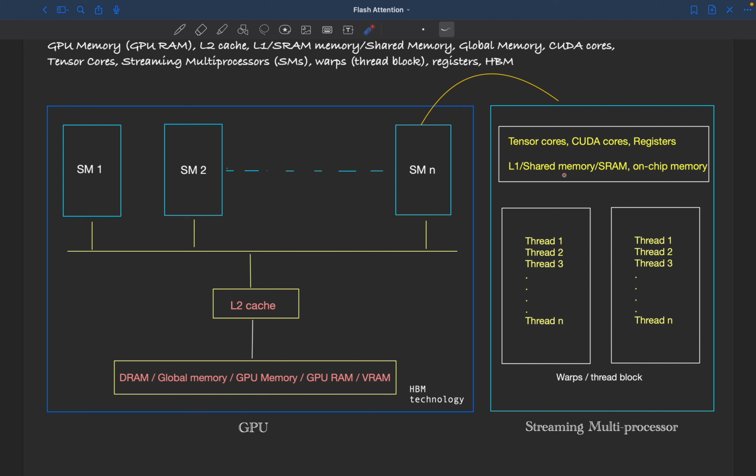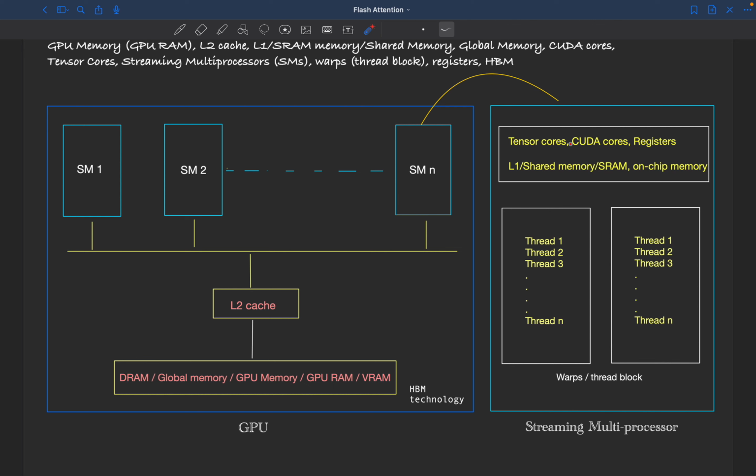So this is with respect to GPU terminologies. Oh yeah, one more thing. I think I was talking about tensor cores, right? These tensor cores are fast. They are very fast. They are so fast that half of the time they are idle. Yes, I repeat, these tensor cores are so fast, and most of the time they are idle.